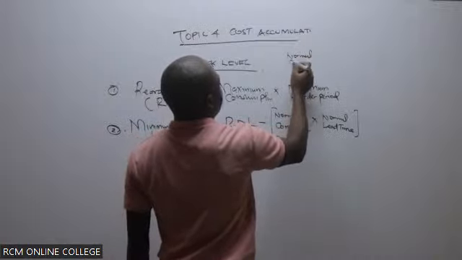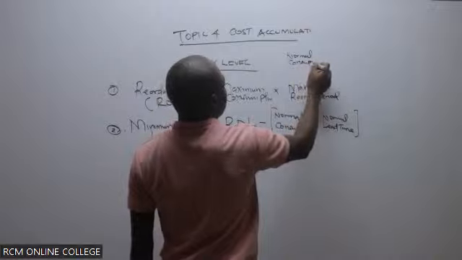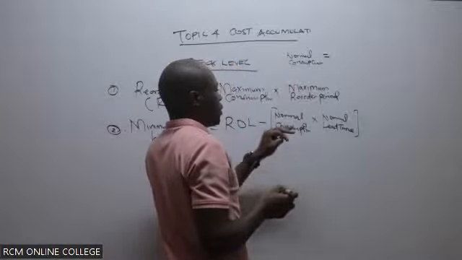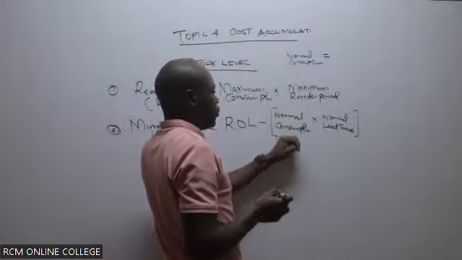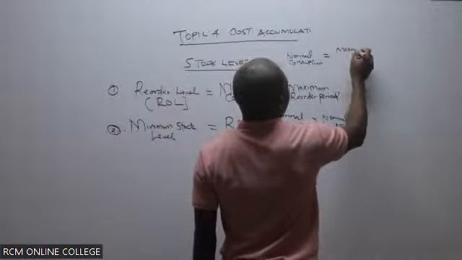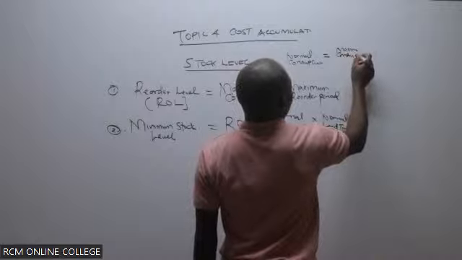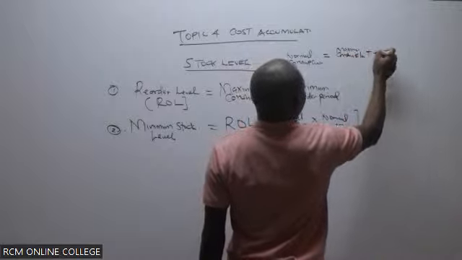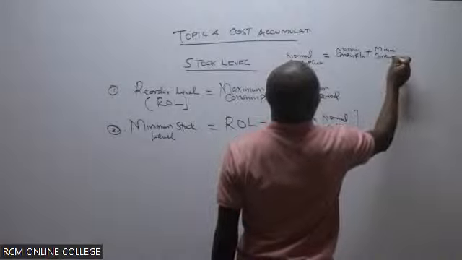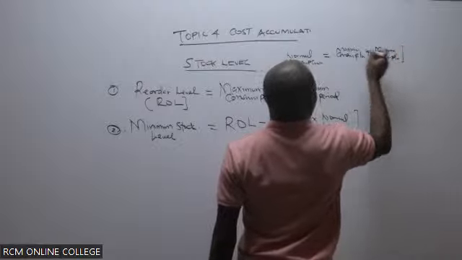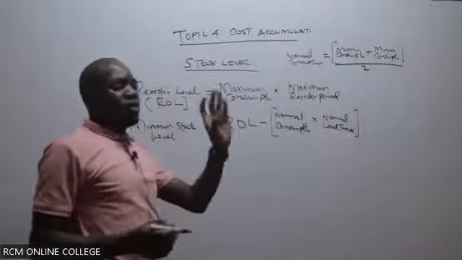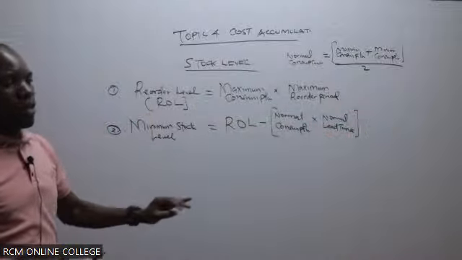If the examiner does not indicate precisely the normal consumption, then we take maximum consumption, we add to minimum consumption, then the summation of this we divide by 2. In short, we are getting the average.